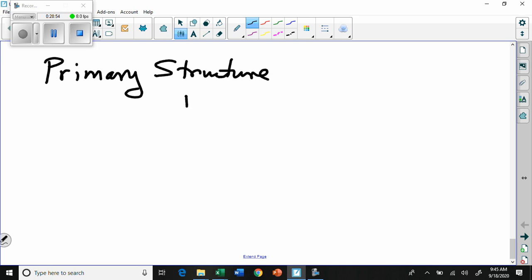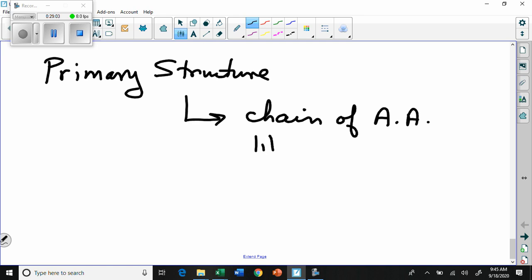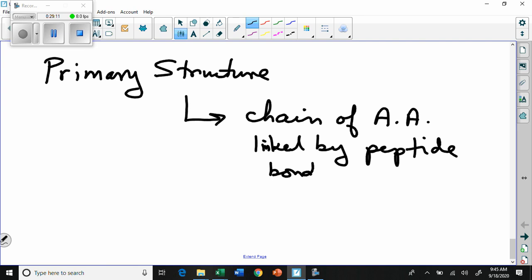And the primary structure is simply the chain of amino acids, AA for amino acids, linked by peptide bonds. That's what we call the primary structure.